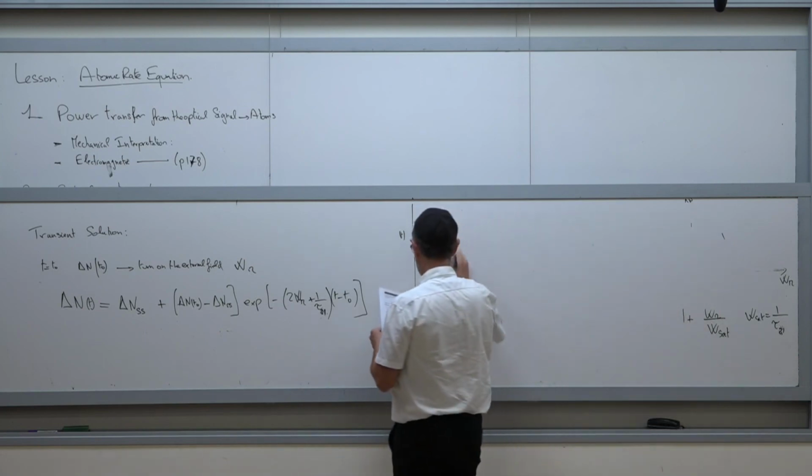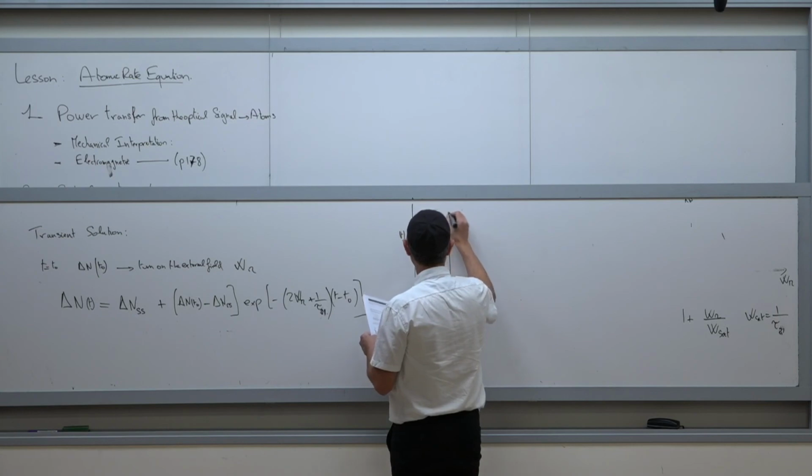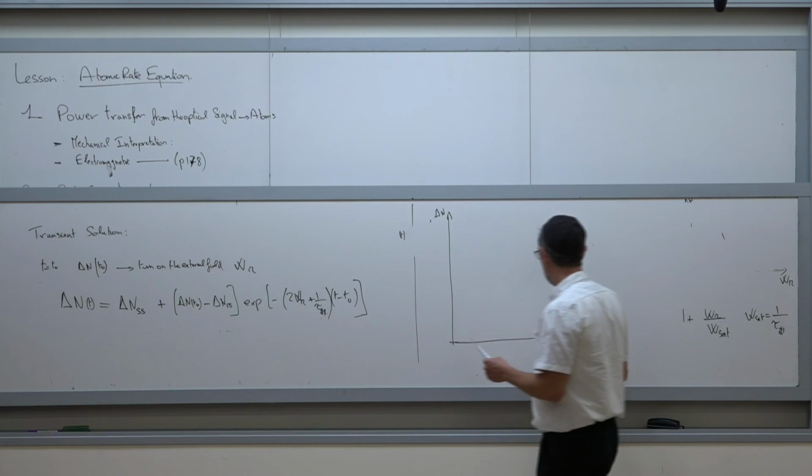What do you have here? You have delta n of t versus time.